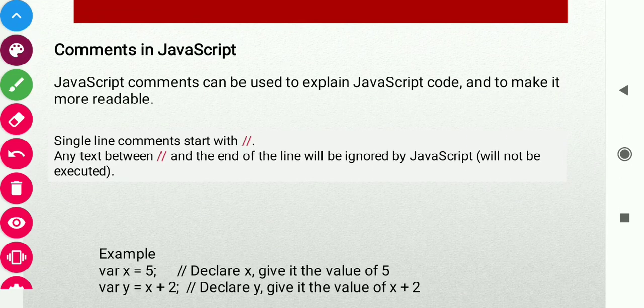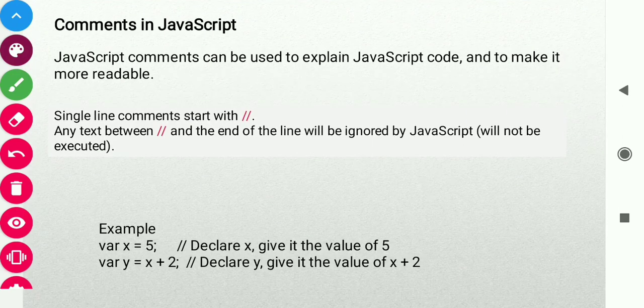So next we will see comments in JavaScript. Friends, while working with JavaScript, sometimes you need to give comments. Comments generally explain the JavaScript code and make it more readable. For example, sometimes developers write comments for their own notes or for any kind of knowledgeable information.